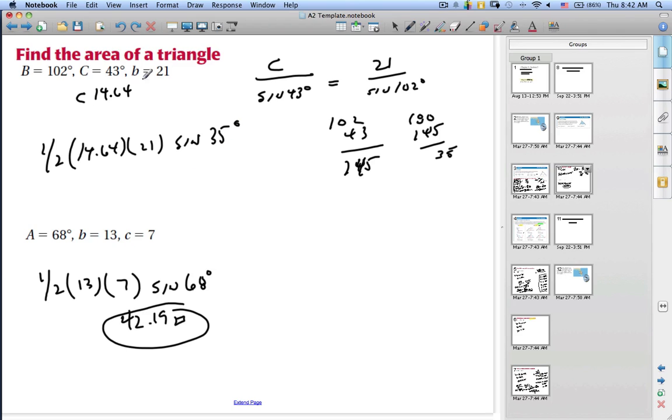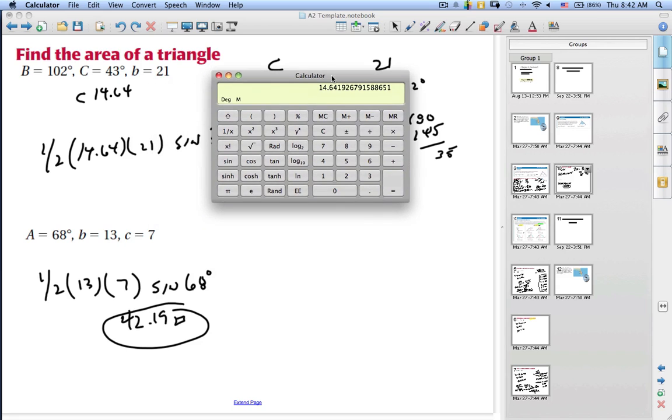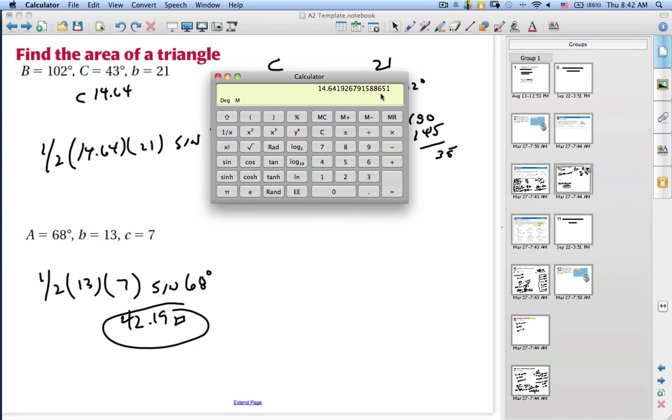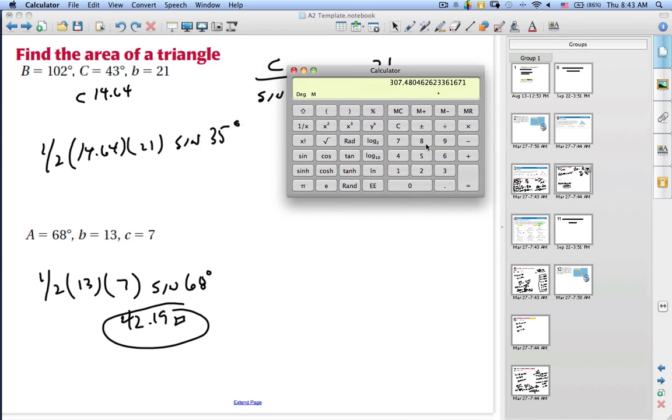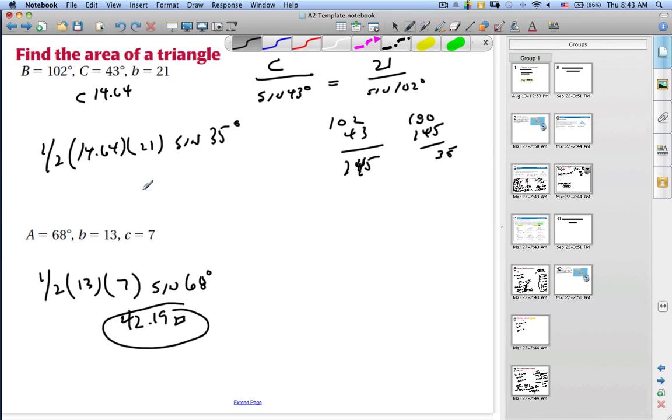Complicated. They supplied me with enough information to figure it out, but not the information I wanted. Either way, we can still do it. I've still got my value of C, times 21, times the sine of 35 degrees, and then times 1/2. 88.18 is my area.